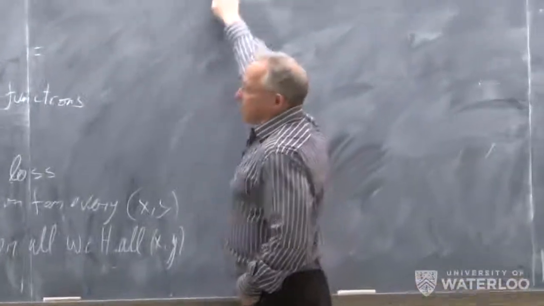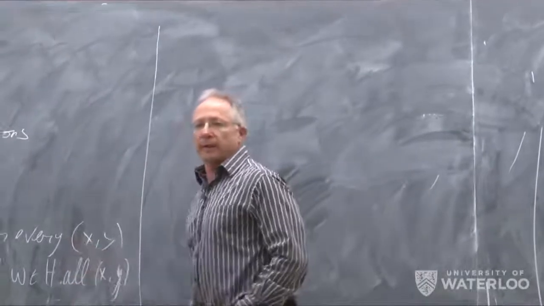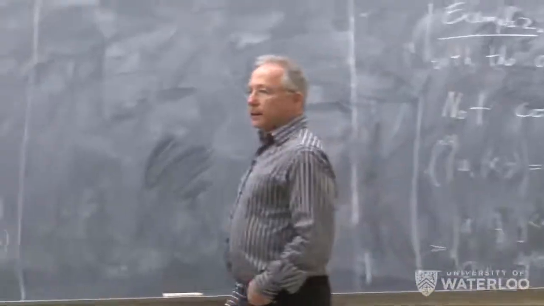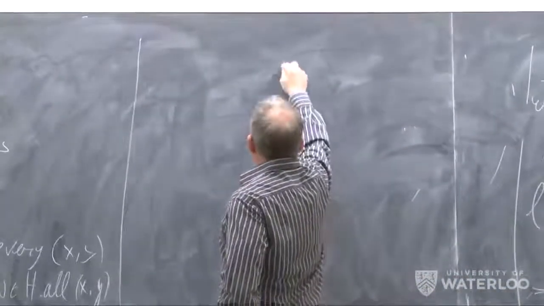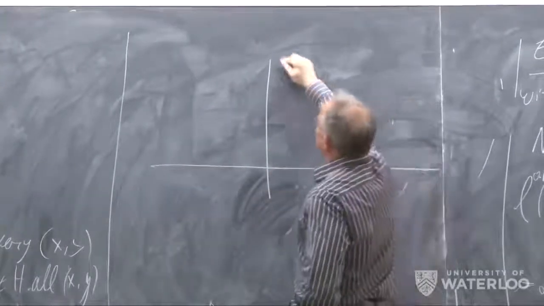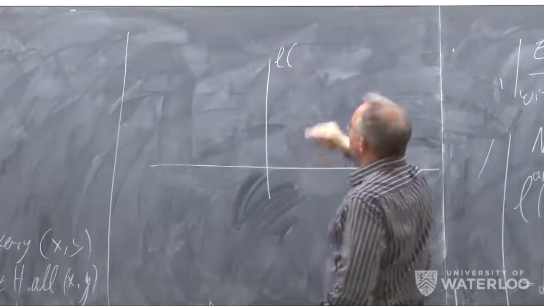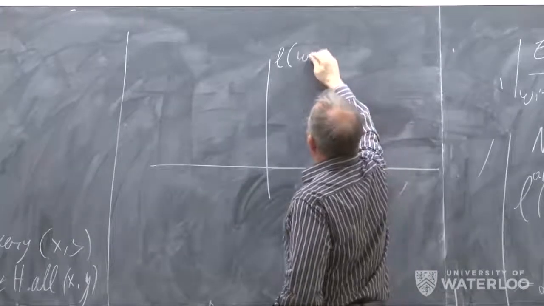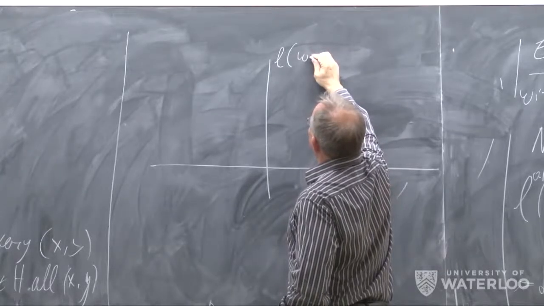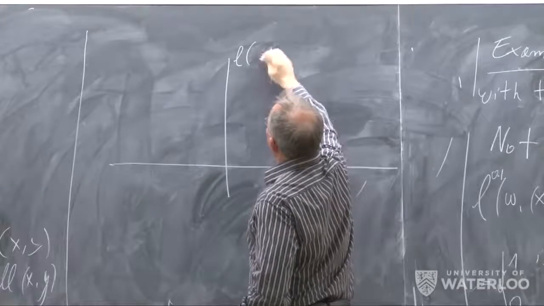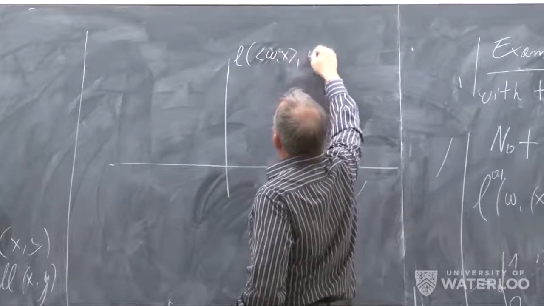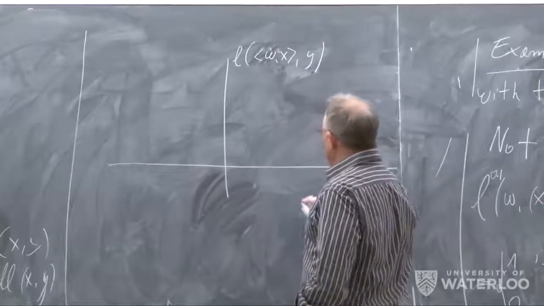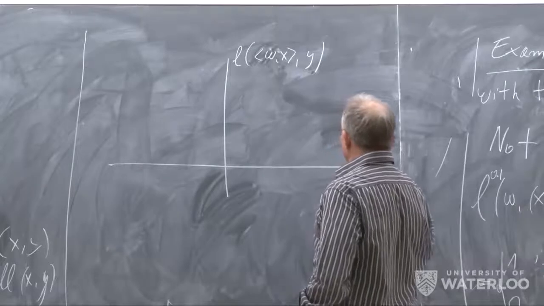So we want to replace our loss with a convex loss that bounds it from above. Pictorially, we can draw it like this. So here we have the loss of W, x, y, so it's the loss of Wx on a point y, and here I have y times Wx.